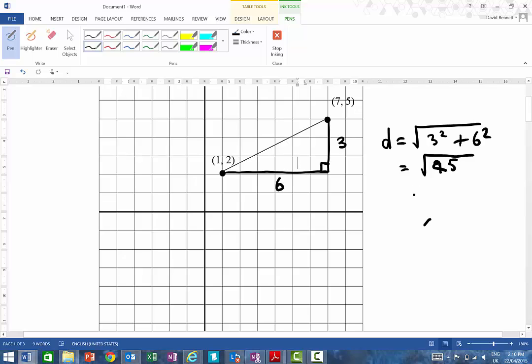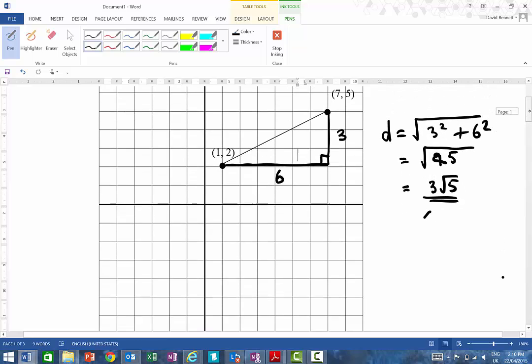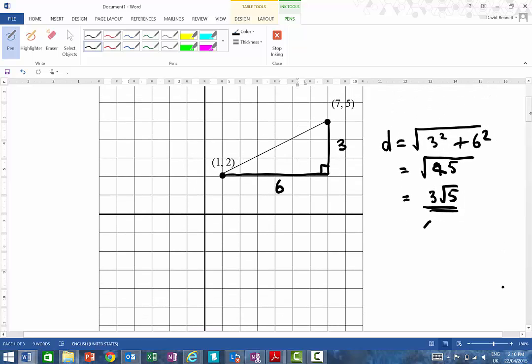Okay, is the answer, and you could work that out into a third if you wanted to. So that would be 9, so it's 3 root 5. It's probably a nice way to present that, or you could work that out in your calculator and present that as a decimal. So that's the way that you would do this if you were using the concept of Pythagoras, and a visual way of doing that.